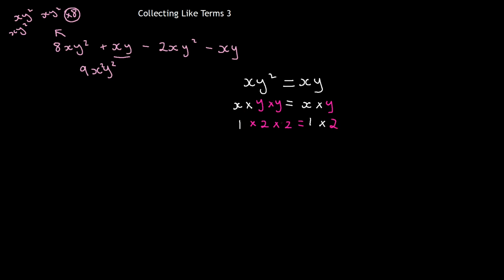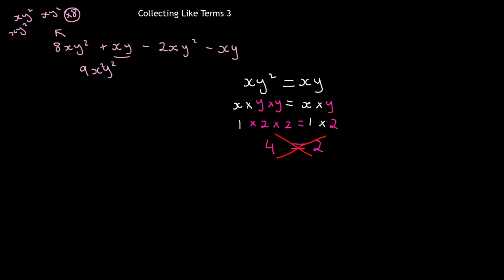Are they the same? 1 times 2 times 2 is 4, and on the right hand side, 1 times 2 is 2. They're not the same. 4 doesn't equal 2. So for that reason, this is complete nonsense, and we're not going to act by this. So scribble it out.